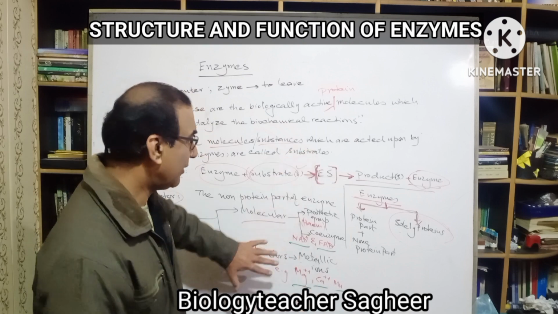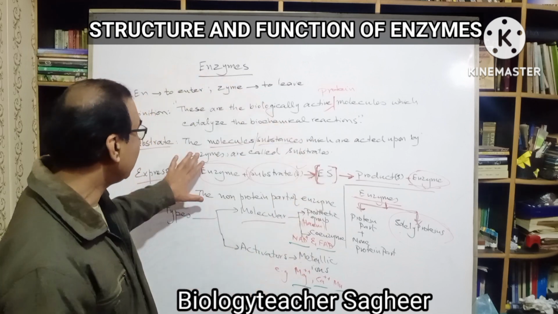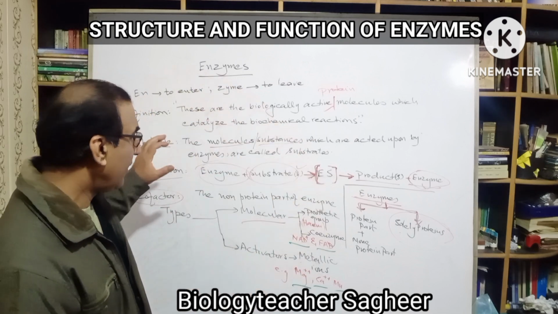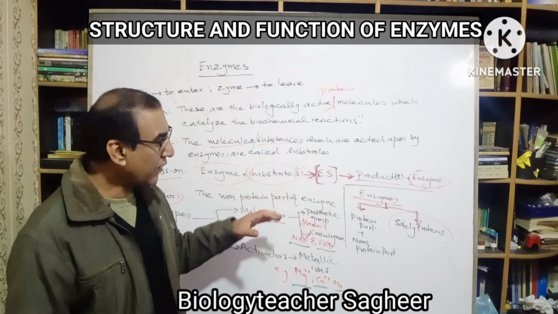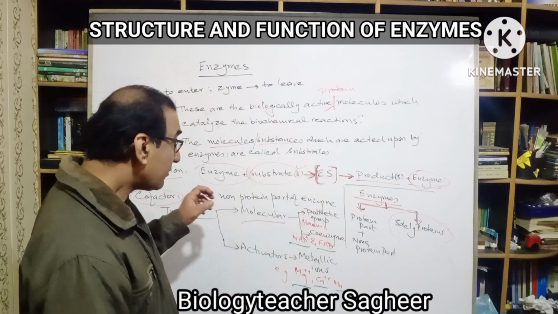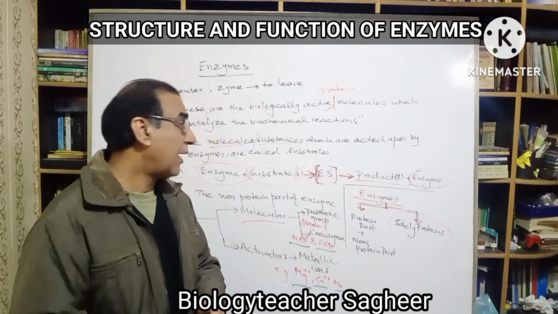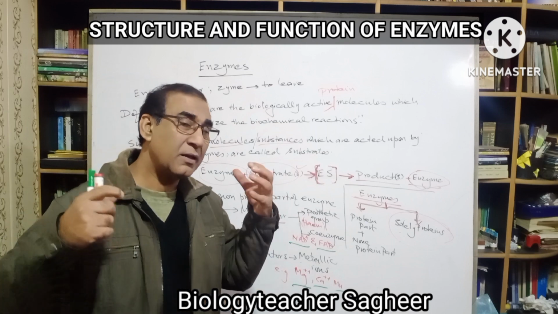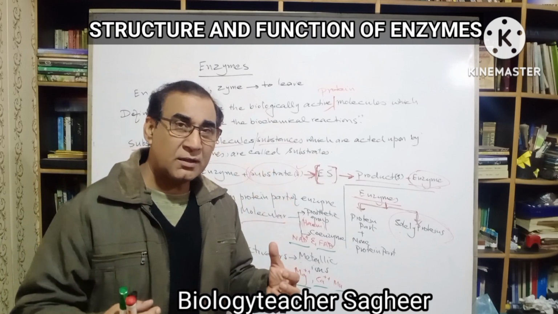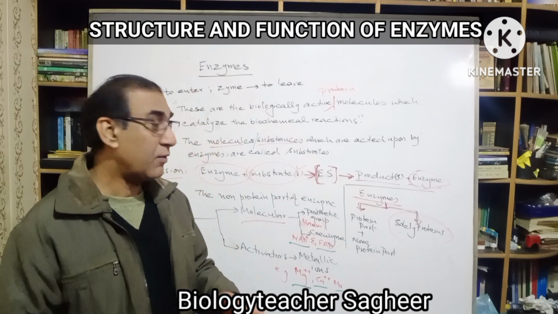So here is the whole story of the enzymes, their structure and their way of function. One thing to make clear once again: in the beginning of this lecture, I told you that there is a difference between biochemical reactions and chemical reactions.